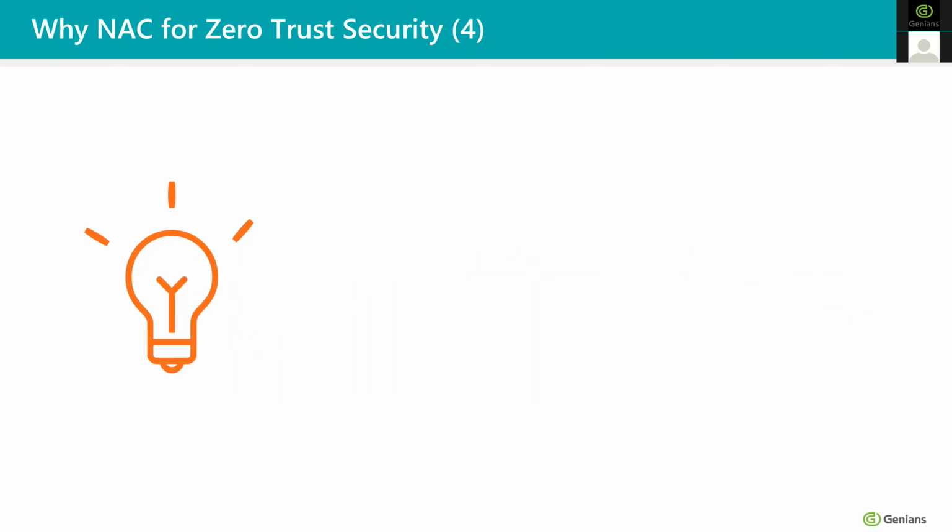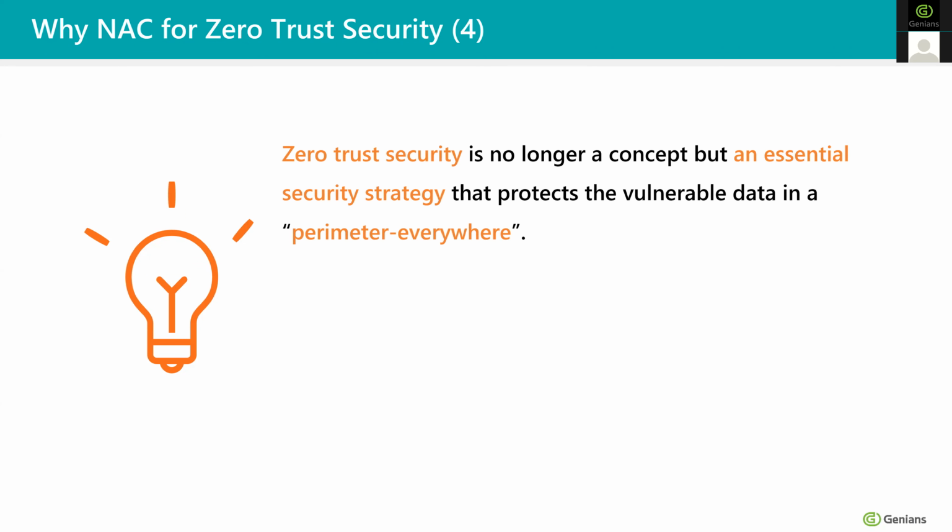Before closing this presentation, please keep in mind that Zero Trust security is no longer a concept, but an essential strategy, which protects against vulnerabilities from known and unknown threats.